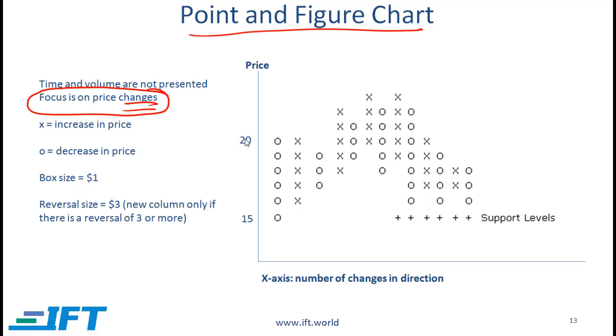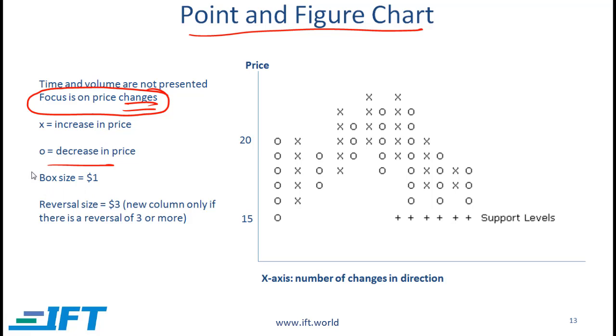You are concerned with changes in price. So what we do is use 2 symbols here, the O and the X. The O indicates a decrease in price, the X indicates an increase in price. We need to specify what we mean by a increase or decrease, or more specifically, we need to specify what is a meaningful increase and what is a meaningful decrease.